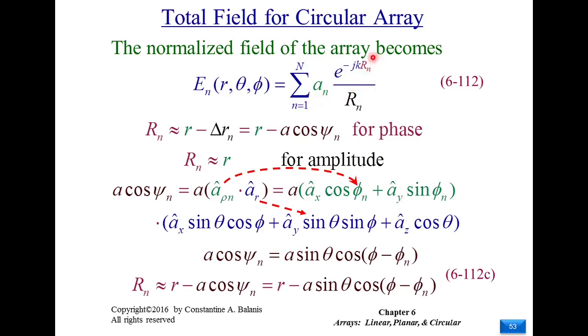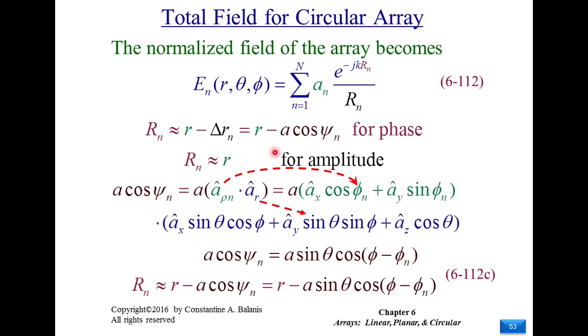So here for the phase we are using Rn, which is like this expression as we saw in the previous geometric slide. And for the amplitude term we are using Rn approximately equal R. Here we are interested in finding a systematic way to find cosine psi n. Cosine of the angle is the dot product between the two vectors that are making those angles.